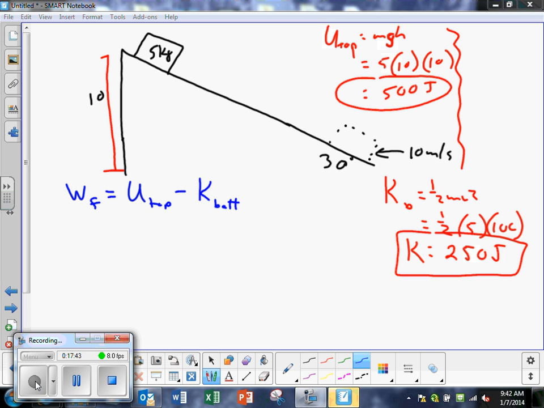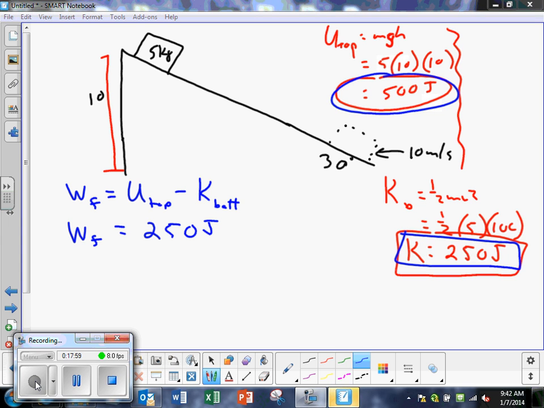I'm losing my mechanical energy. So in this case, my work of friction is going to be 250, right? Because I should have 500 realized if there's no friction, but I only realized 250, therefore I lost energy due to work, and this is the amount of energy that I lost right here.